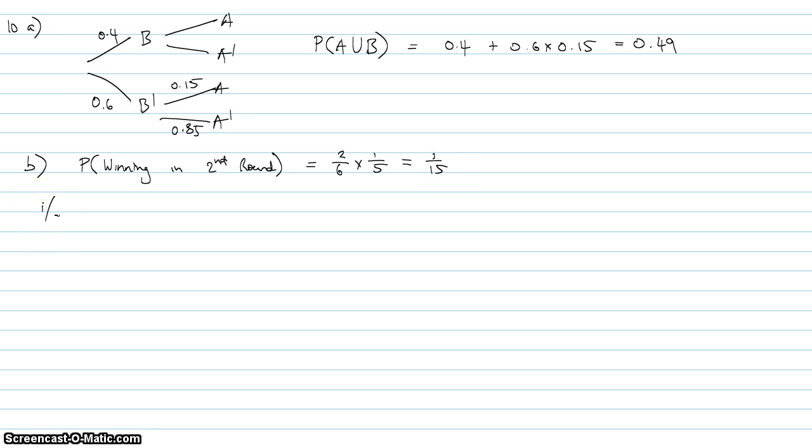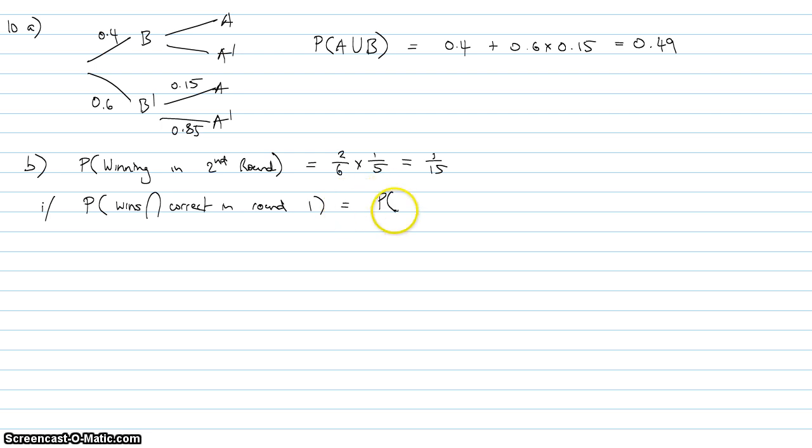Part 1. Find the probability that the grand prize is won and the contestant selects the correct key in the first round. Okay, so if we want to find the probability that he wins and is correct in round 1, what's that going to be?